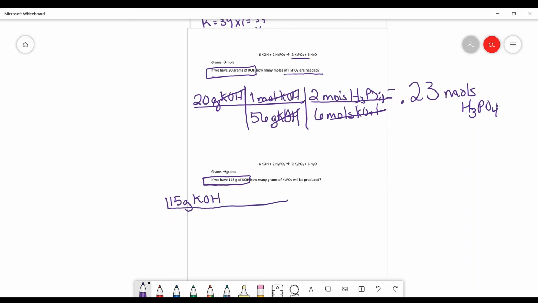We cannot go directly from grams to grams. We need to convert to moles of KOH. So we have 1 mole, and we said 1 mole of KOH was 56 grams.